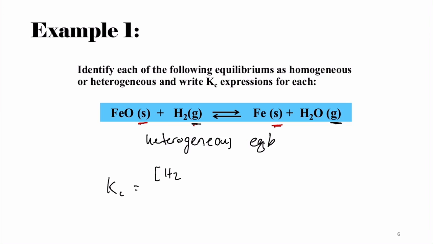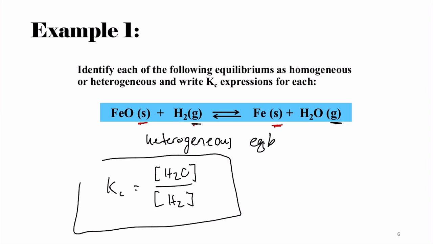Yep, just the concentration of the gases, right? And they both have a stoichiometric coefficient of 1, so this is all that we include for this mixture. Right, so I know it seems simple, but when we're doing ICE tables or looking at changes of concentrations on the way to equilibrium, we have to make sure that we don't include the solids or liquids in our expressions for the equilibrium constant.